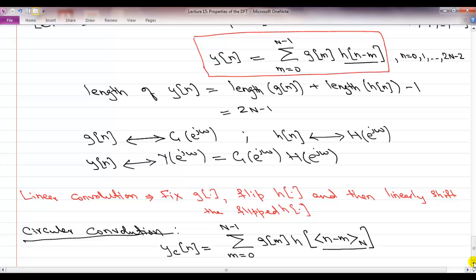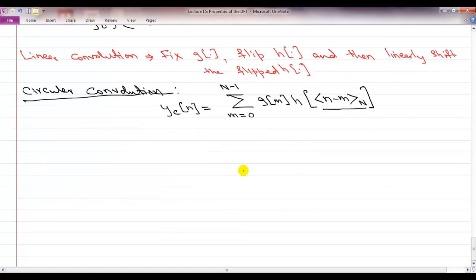We'll look at it more carefully in the next class, but the meaning of circular convolution is exactly the same as linear convolution with a few caveats. The first part is the same: fix g. And just like linear convolution, I can change the roles of g and h, since it's commutative. Now linear convolution says flip the other function.